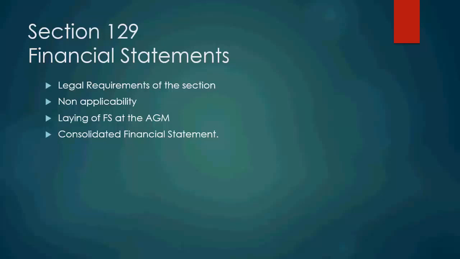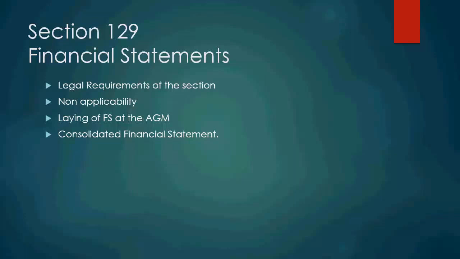So over here, it specifies that it will be prepared as per Schedule 3 and as per the applicable accounting standard. Now, Rule 6 also says that the consolidated financial statement requirement will not affect any intermediate wholly owned subsidiary, but it will affect the wholly owned subsidiary whose immediate parent company is incorporated outside India.